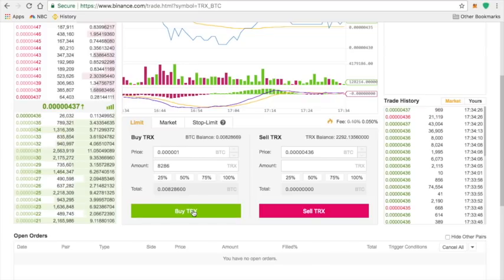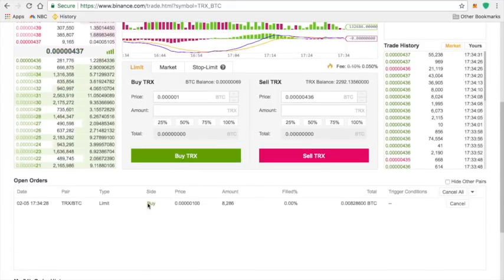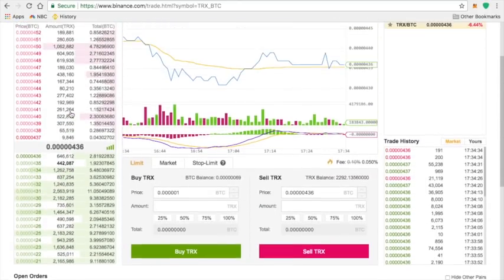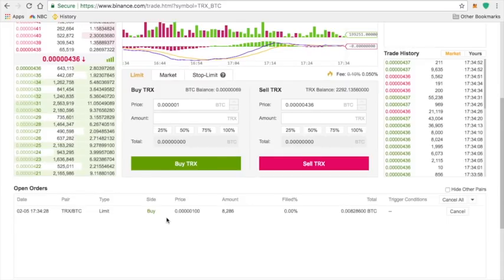So when I hit buy Tron, buy TRX, they'll put in a buy order. As you can see right here, it says, hey, when Tron gets to 1 cent, I want to buy 8,286 Tron with that. It puts it in this little queue of orders right here, and it says, hey, I'm willing to buy that.